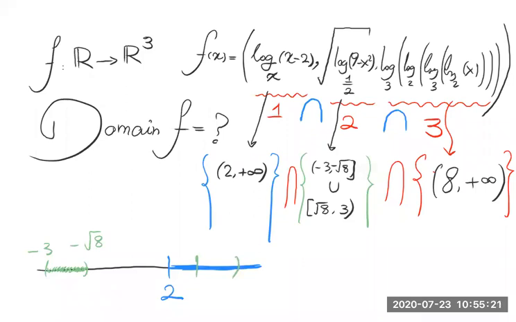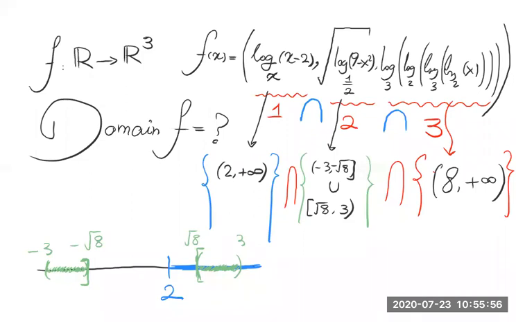Oops, sorry, one of them is closed and one of them is open. This is open, this is closed. And that's the other way. The last one, the red one, says it should be from 8.